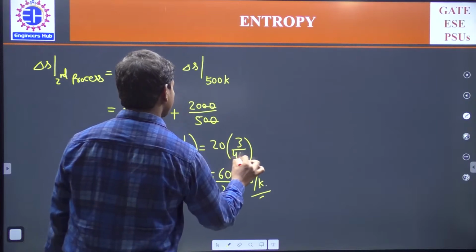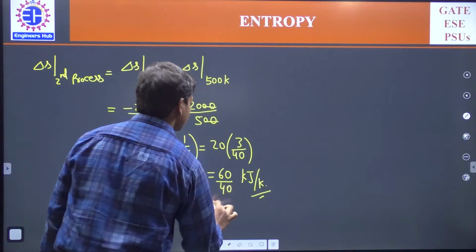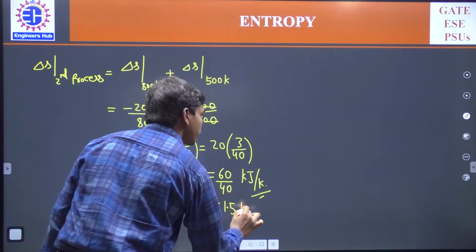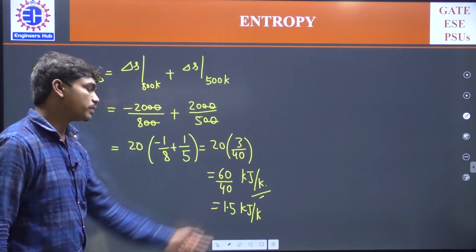Because the LCM, if you consider, is 40. So this is 1.5 kilojoule per Kelvin. Small issue with calculations. So this is 1.5 kilojoule per Kelvin, correct?